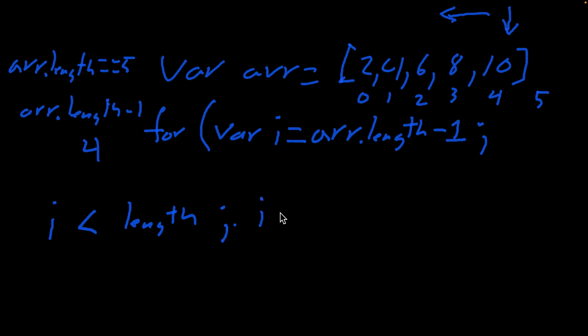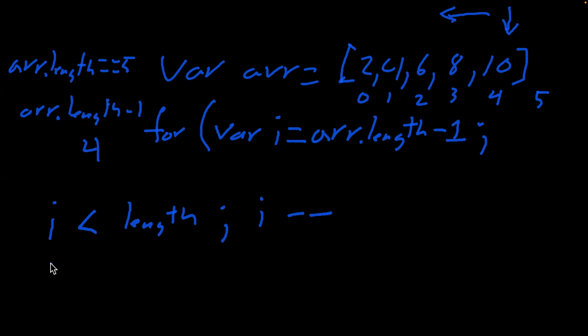So we're going to say I minus minus. Right now, what is I when we start? Well, it's r dot length minus 1, so it's 4. Oh, yeah, that's the variable.